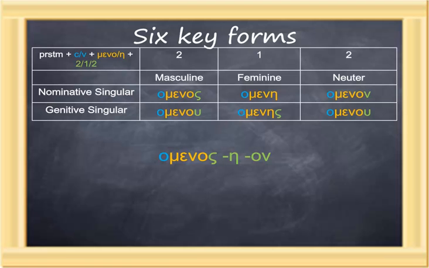As with the present active participle, so with the present middle passive participle, the first 6 forms are the only ones that one must know by heart in order to easily parse the others: menos, menē, menon, menou, menēs, menou. Actually, memorizing just menos, menē, menon should be sufficient if you remember that the pattern is 2-1-2.